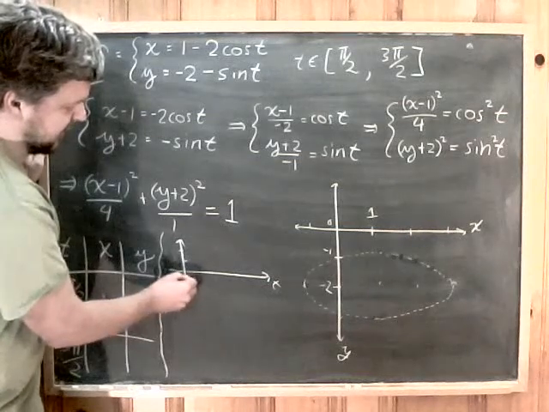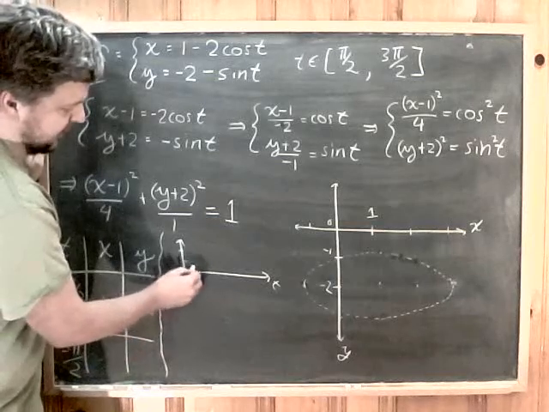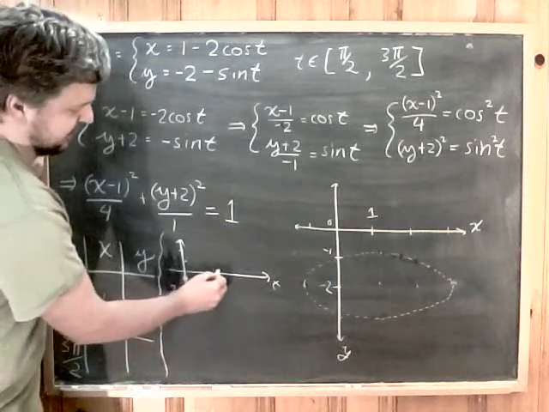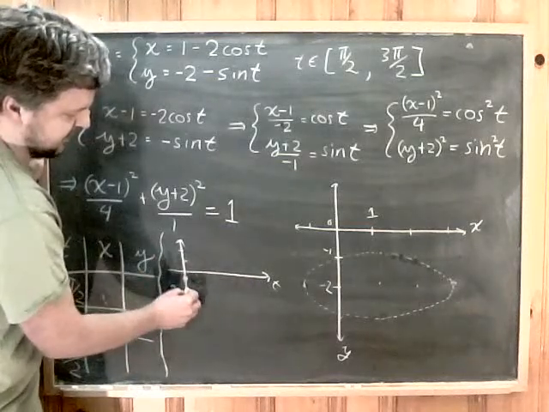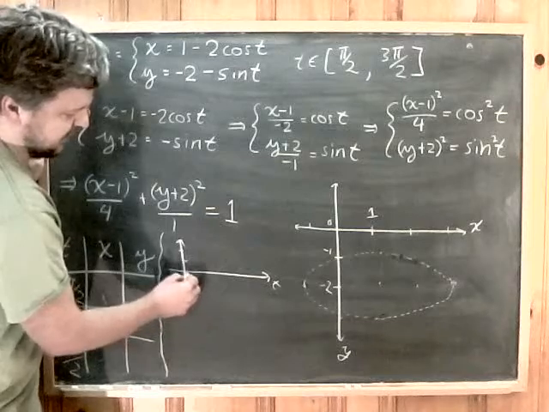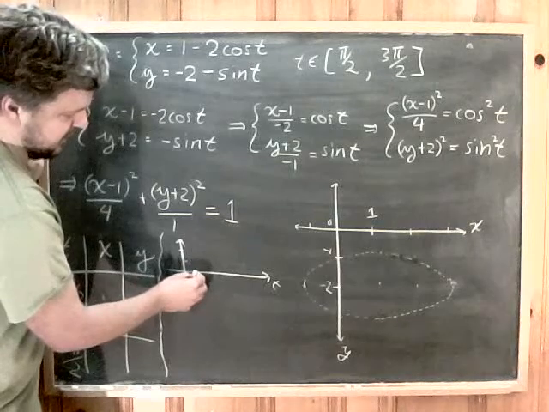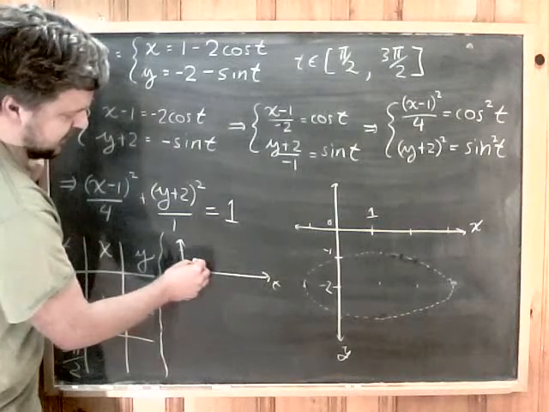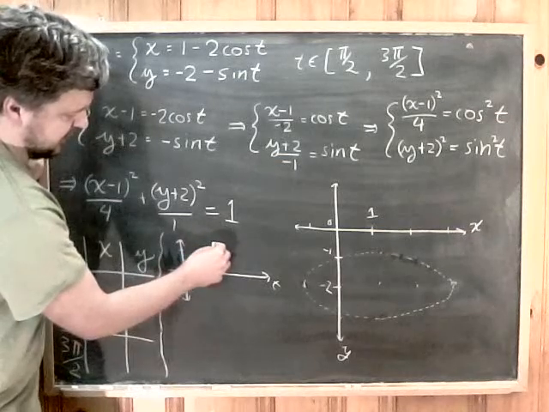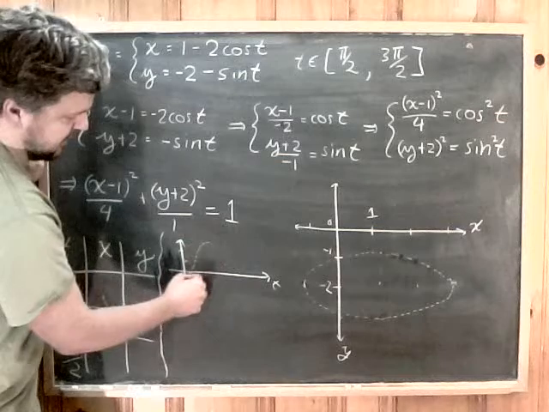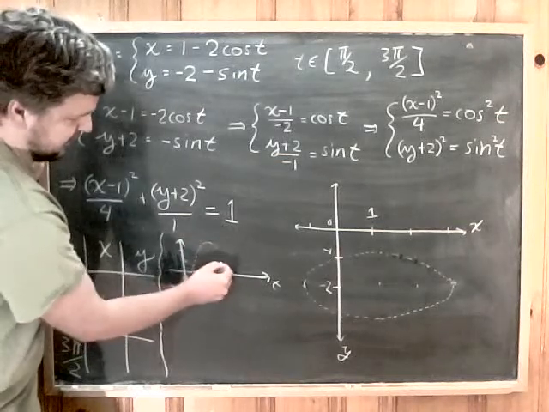So it starts out here, and then I'll show the usual picture of cosine would look like that. But then it's been stretched and flipped upside down and then shifted up. So this will be one. The new center is going to be here, and it's going to go all the way up to here. So it'll look something like that.